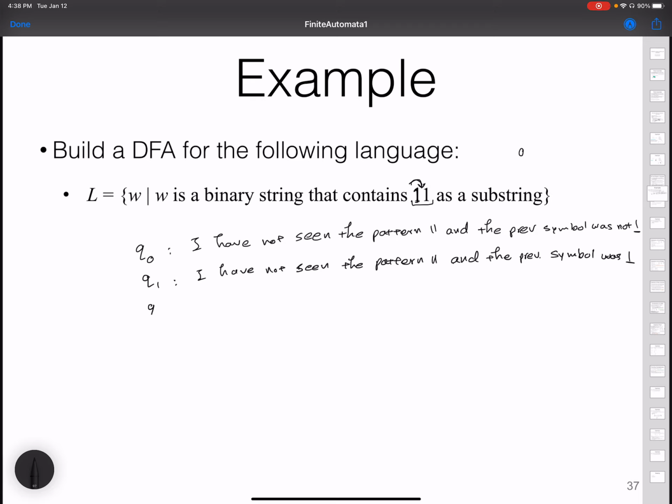Okay. And another state that I definitely need is that I have already seen the pattern 1, 1. And just like the previous DFA that you had, if you have seen 1, 1, you probably don't need to go anywhere else. So you can actually stay there. So we would say that I have seen at least one pattern 1, 1. Okay.